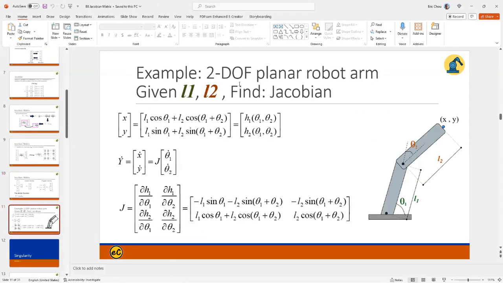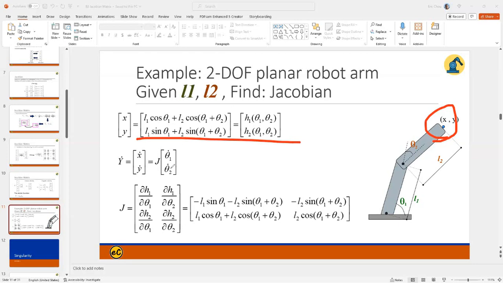Let's look at a very simple example of two rotary joints. Each one has a robot arm of length L1 and L2, and they rotate by theta1 and theta2. Your end effector x, y and the theta1, theta2 relationship are formulated like this.